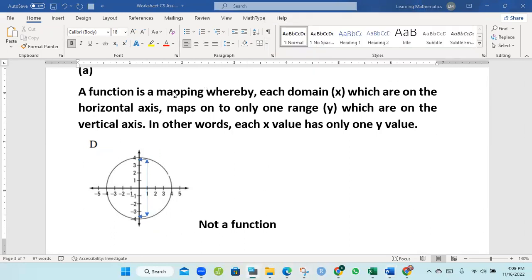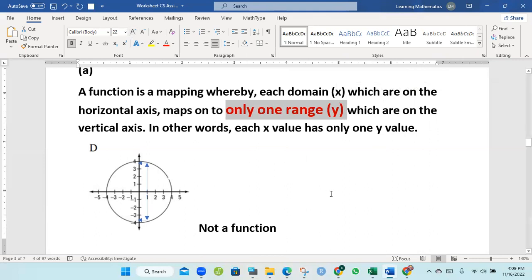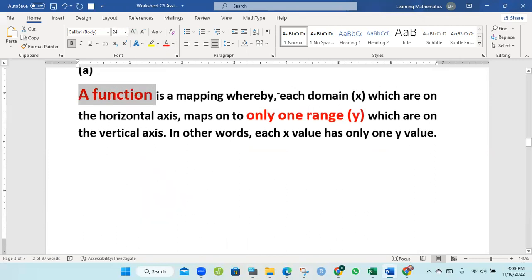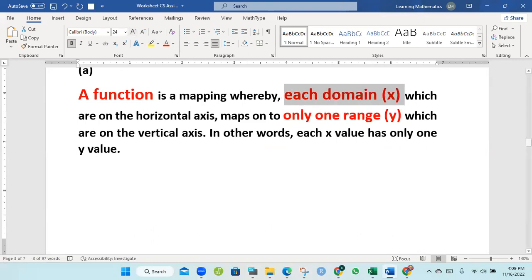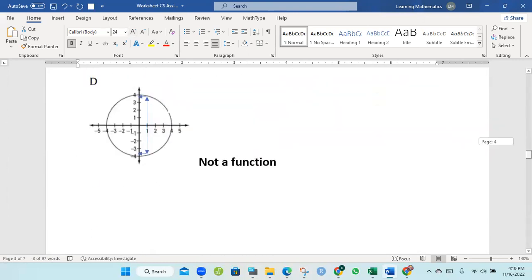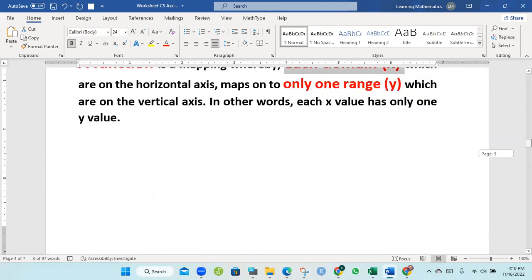And as the rule said, to be a function, each x must have only one y. That's very important. Only one y, to be a function. Each x, only one y. And we have found an x with more than one y, so this is not a function.